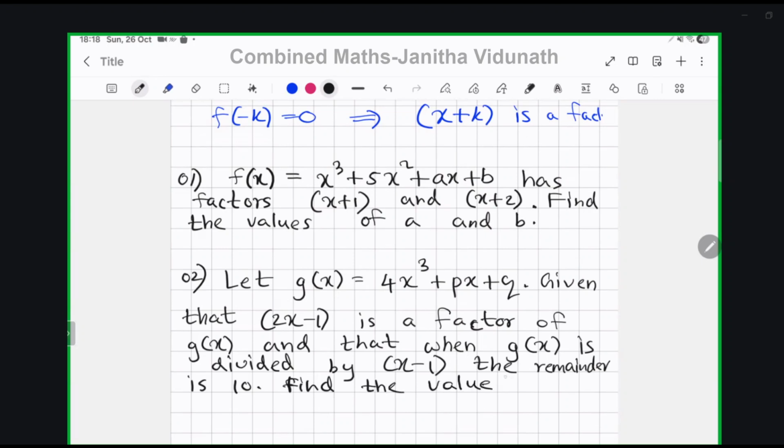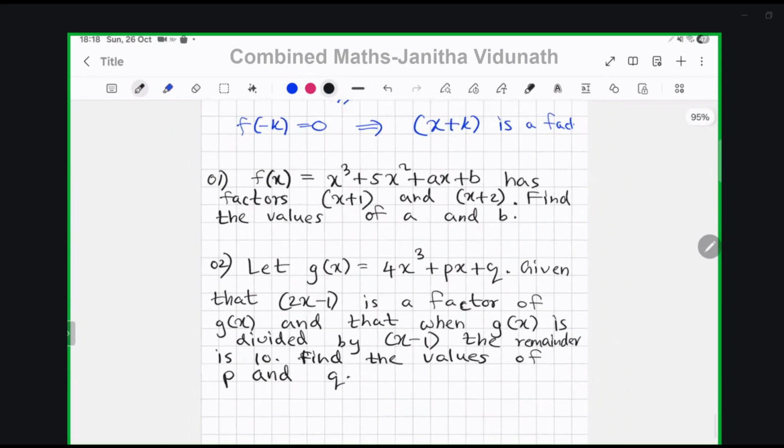Find the values of p and q. Okay, write down those two questions and send me the answers via WhatsApp.